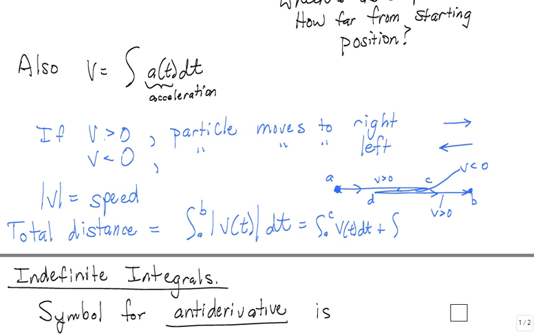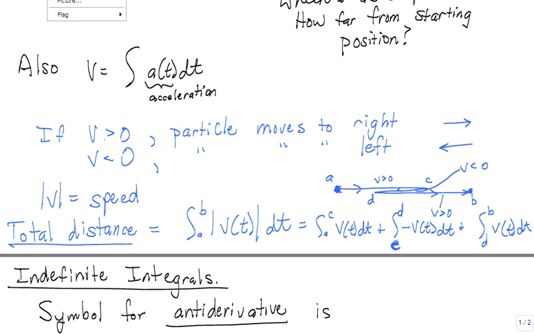Okay, it's negative from C to D. This is C. And then from D to B, it's positive. It goes to the right. So that's going to give you the total distance, not just the displacement.